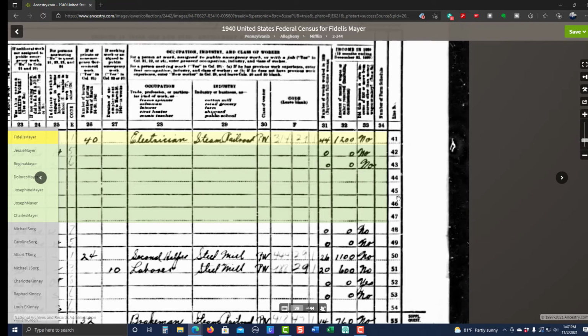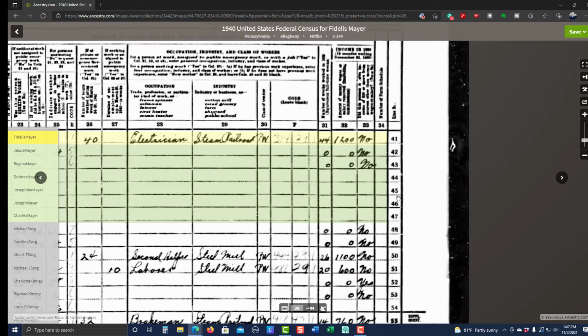In this case, Fidelis Mayer, for his 44 weeks of work, earned $1,200. Of course, Michael Sorg had no earnings for 1939. His son Albert earned $1,100 for 26 weeks of work, and Michael Sorg earned $600 for 20 weeks of work.